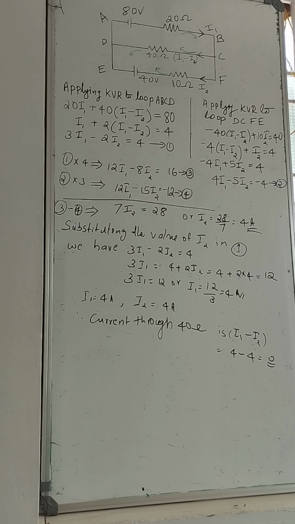Each current creates its own potential drop. The potential drop created by a current flowing in the preferred direction should be given a positive sign. Here I1 is in the clockwise direction, and I1 minus I2 is also clockwise.